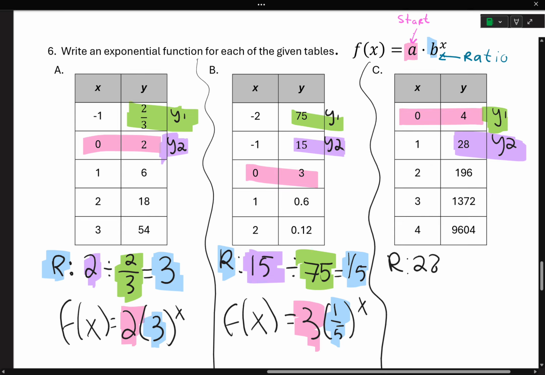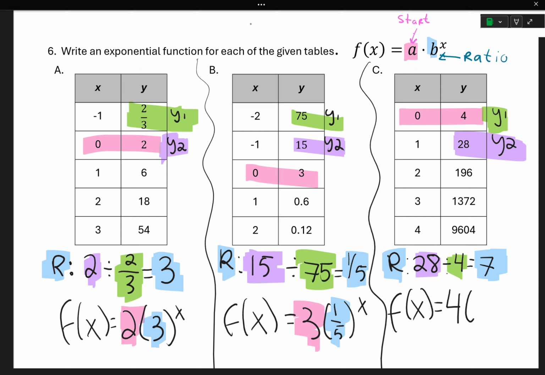So for our ratio, we'll do 28 divided by 4, which is 7. Our function is f of x equals 4 times 7 to the power of x.